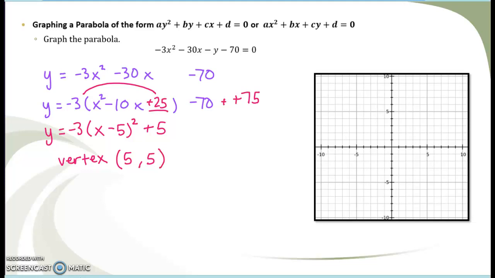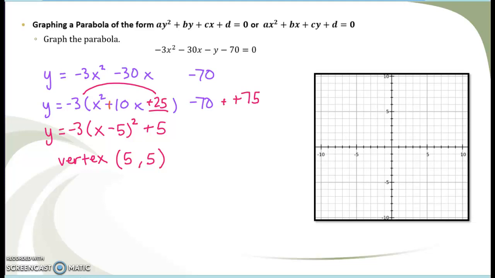Except for, now that I look at this, I've made a mistake. Let's go back a little bit. What mistake did I make? I factored out a negative 3. Which means that when I factor out negative 3 from this negative 30, I end up with a positive 10x.